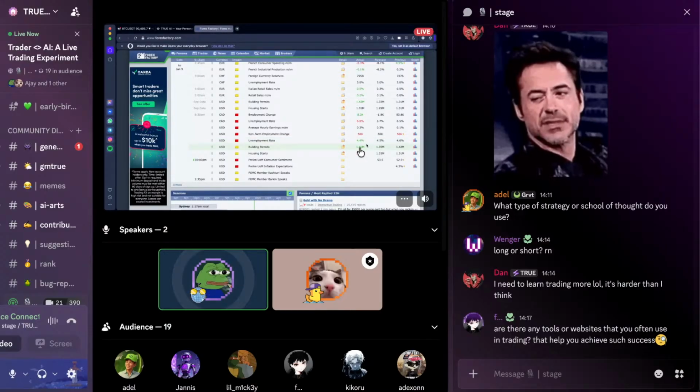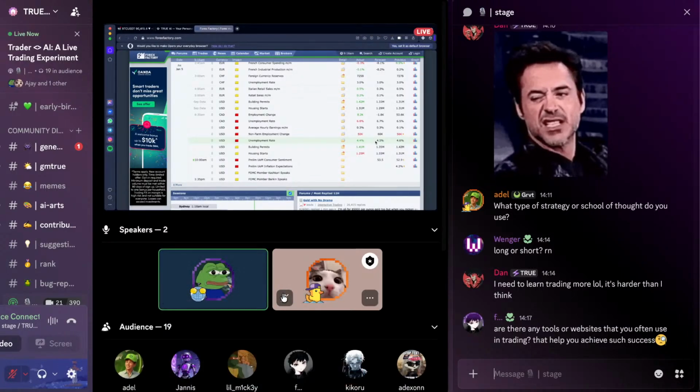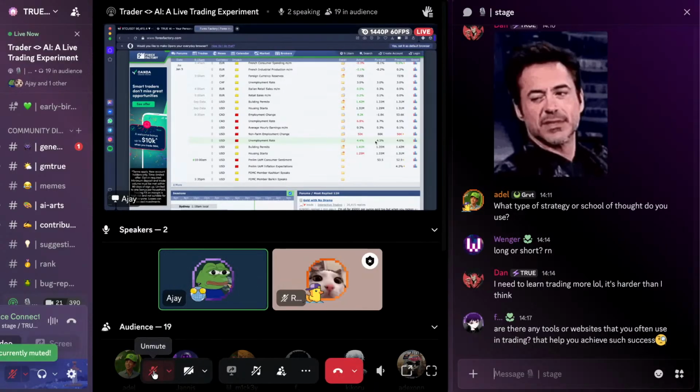So the worse numbers that we get from USD, the higher the chance for a rate cut. In normal times, this should actually dump the markets, but now it will actually pump the market if bad data comes. The reason behind that is because market participants are pricing in future rate cuts, right?